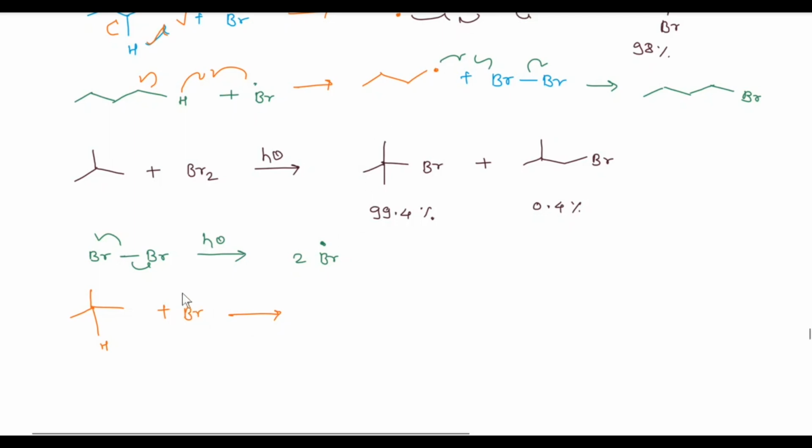We get a tertiary free radical, which is more stable, and this tertiary radical again reacts with a Br molecule, and we get the major product.